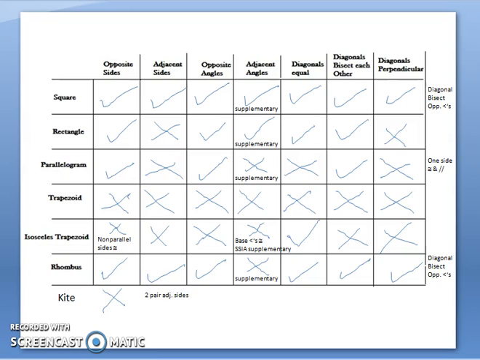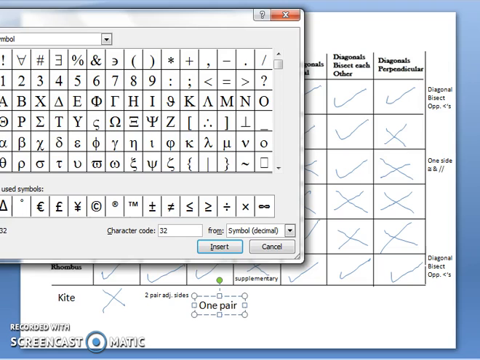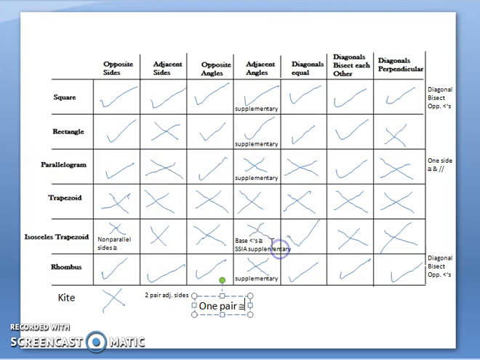Opposite angles: we are going to have one pair of opposite angles congruent. One pair is going to be congruent. Otherwise, they're not going to be congruent.